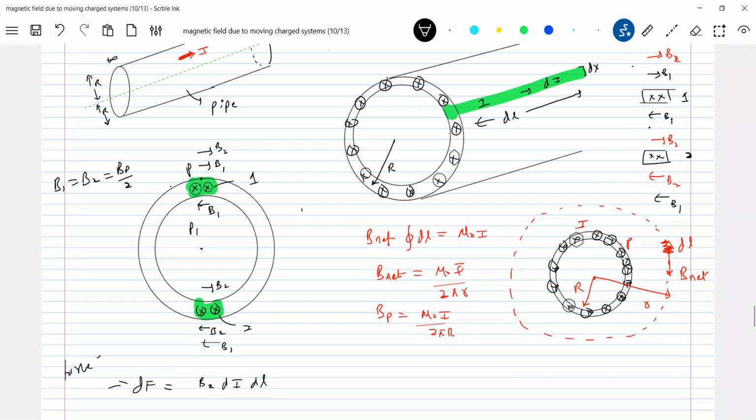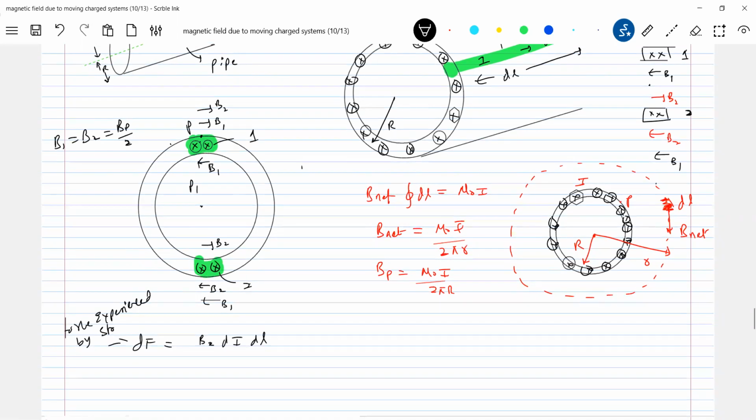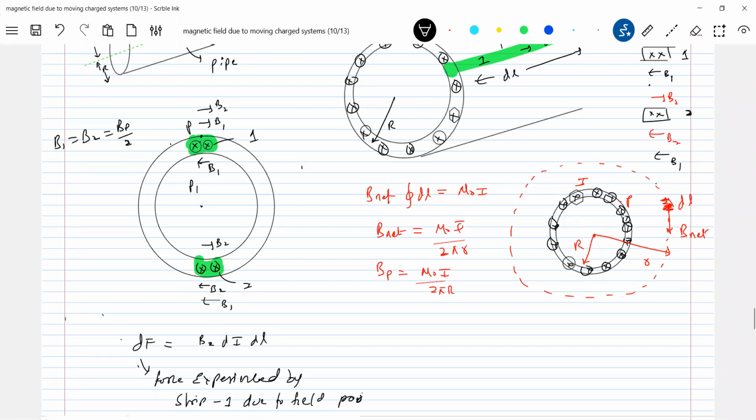Force experienced by strip 1 due to field produced by strip 2. If you are able to write this, the rest is all very easy. So directly write strip 1, strip 2.